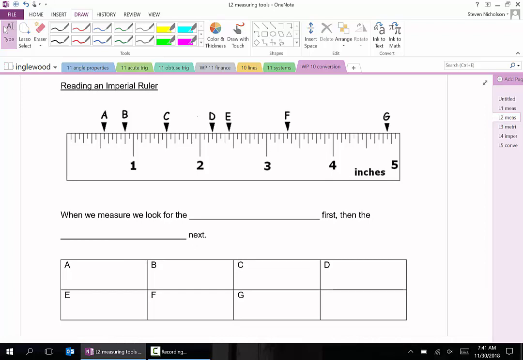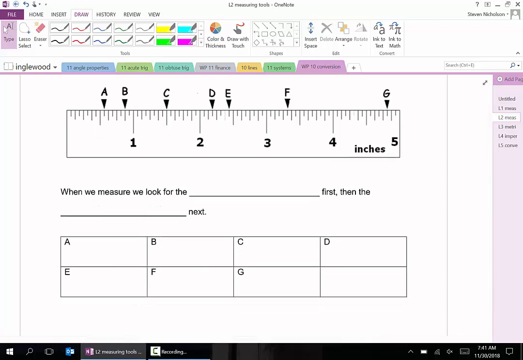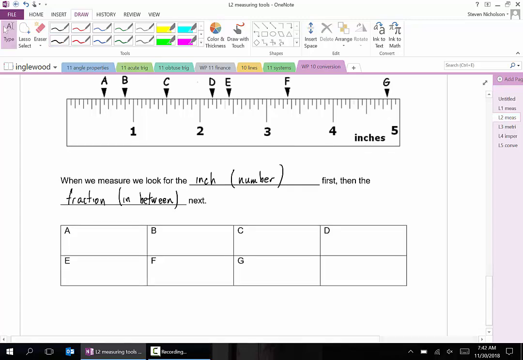The first thing you're going to do is read the number part, the inch part, and then you're going to read the fraction part, the in between. So we want to read the inch part, which is on a ruler, the number, like 1, 2, 3, 4 here. And then we're going to read the fraction part, which is the in between. So really simple language. It's the nice part and the not nice part, another way of saying it.